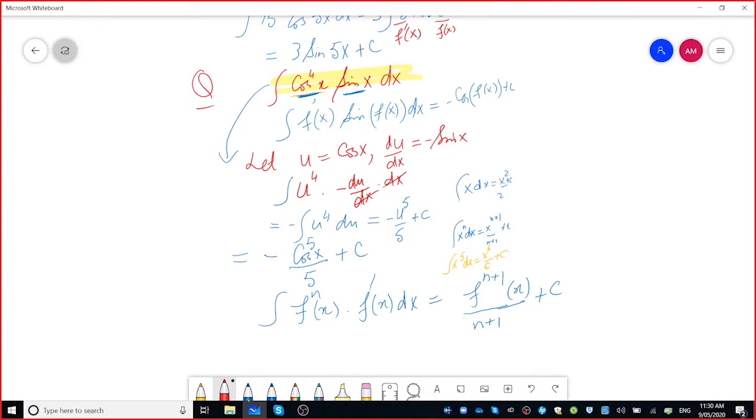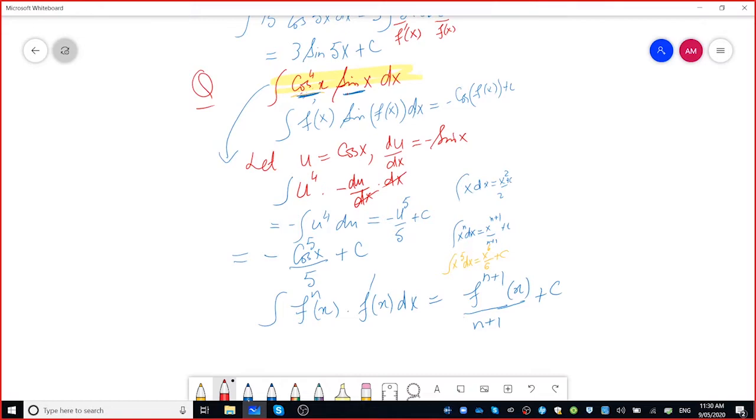You could have solved it directly instead of putting in all this replacement. Do you understand that? Yeah, I think so. Cos x has a derivative minus sine x, and therefore you could have written this answer directly. Have you understood now or no? Yeah, I do. Can we do one more?